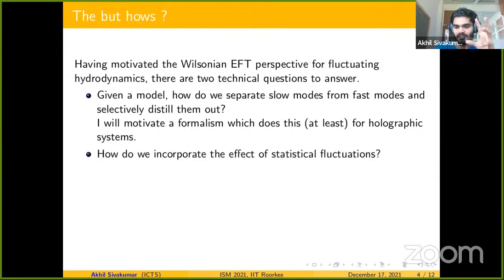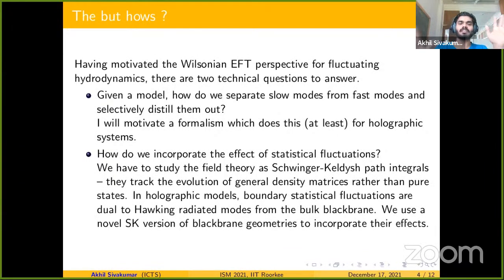And then the second question is, how do we incorporate the effect of statistical fluctuations? From the field theory side, you would say we have to study the field theory as a Schwinger-Keldysh path integral, where you track the evolution of general density matrices, or mixed states rather than pure states. And in holographic models, we know that boundary statistical fluctuations are dual to Hawking-radiated modes from the black brane.